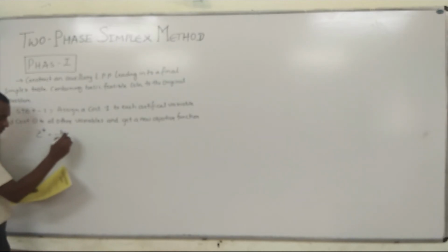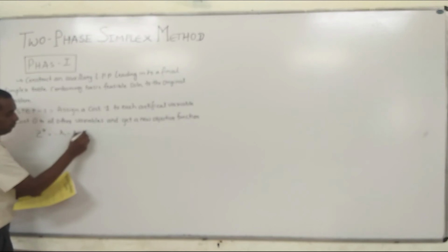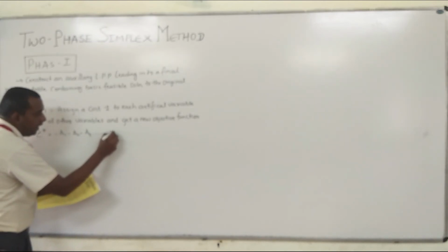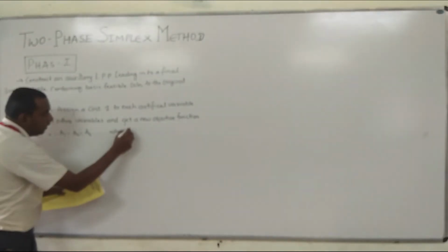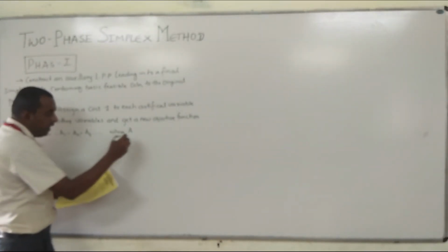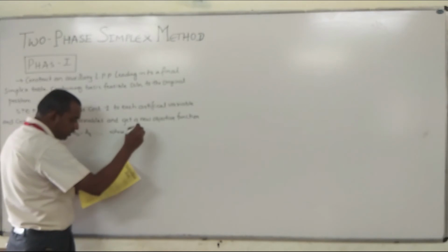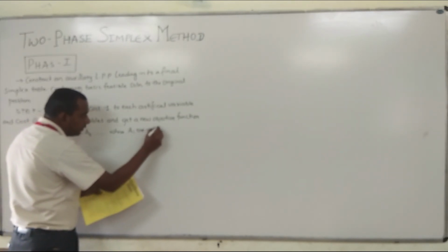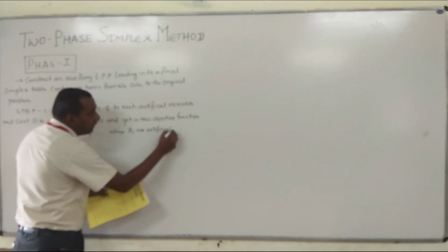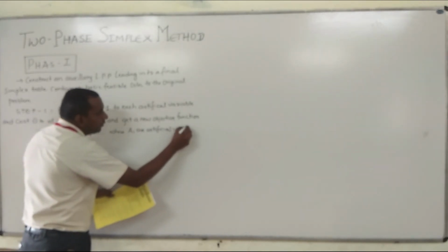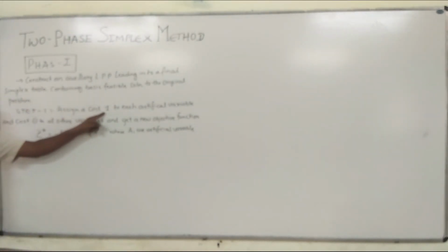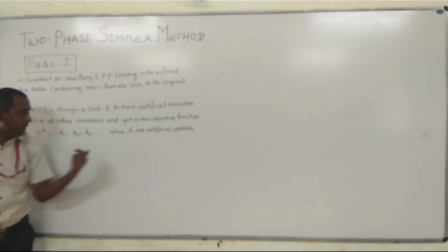And get a new objective function such as z star is equal to minus a1 minus a2 minus a3, where the ai are artificial variables. It means assign cost minus 1 to each artificial variable.